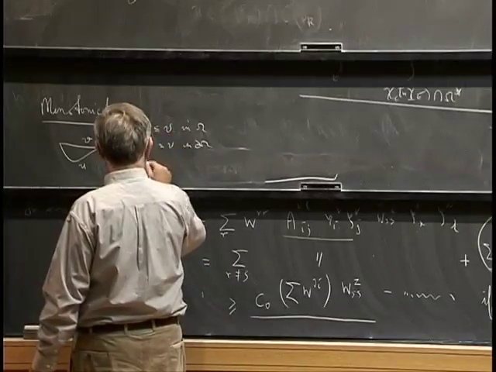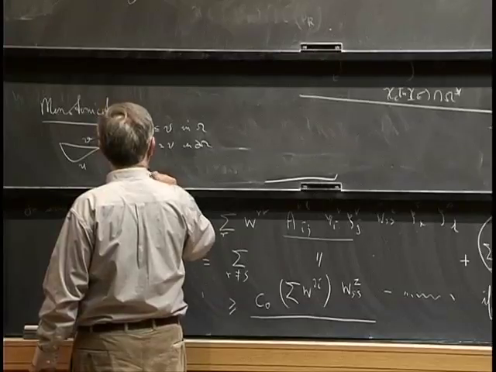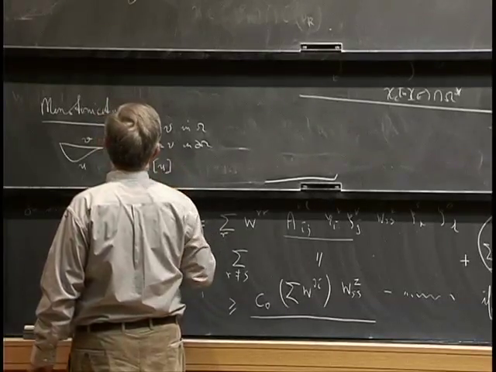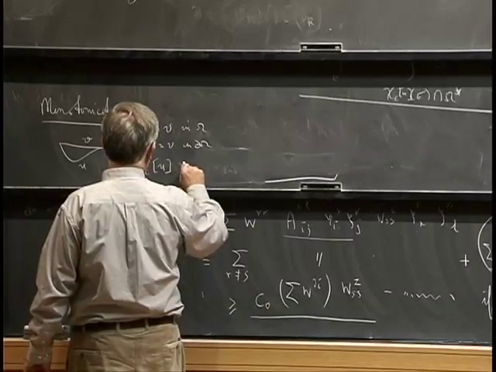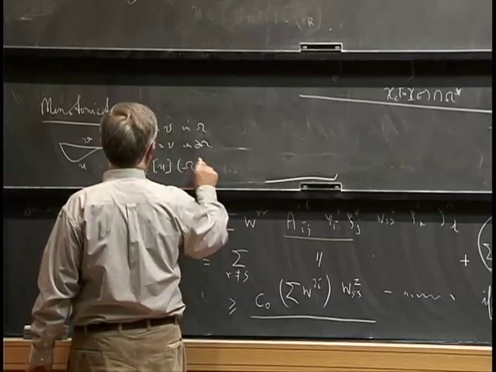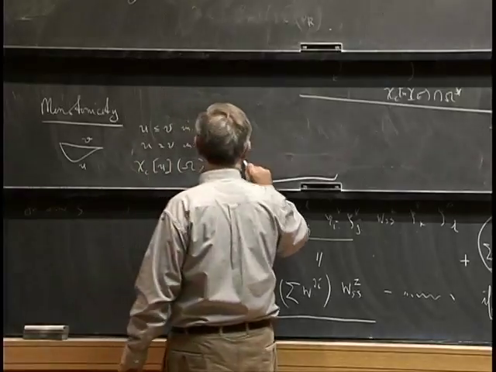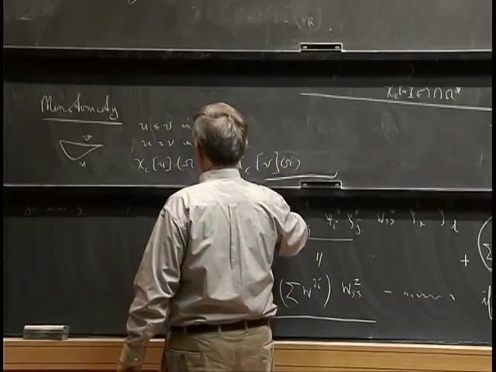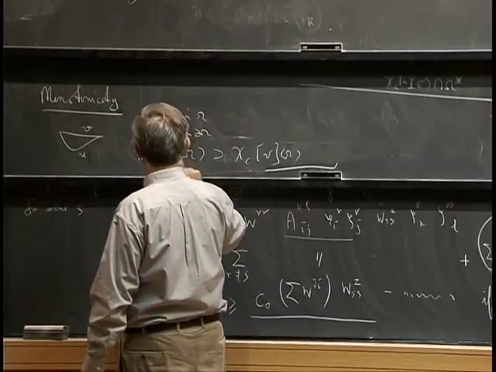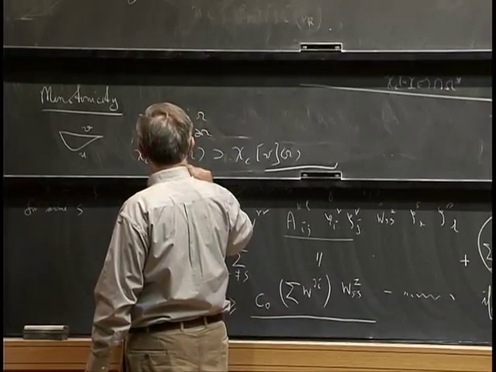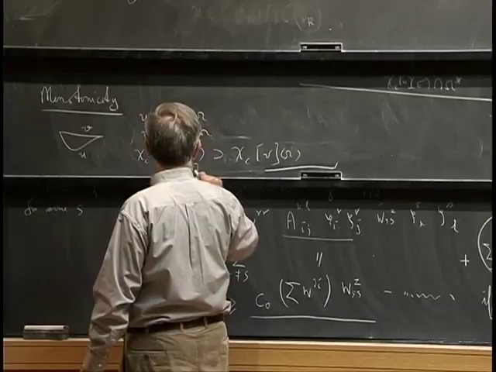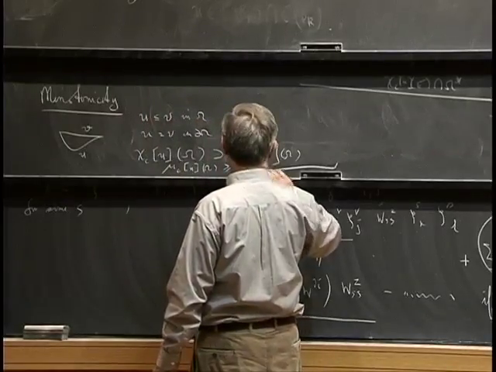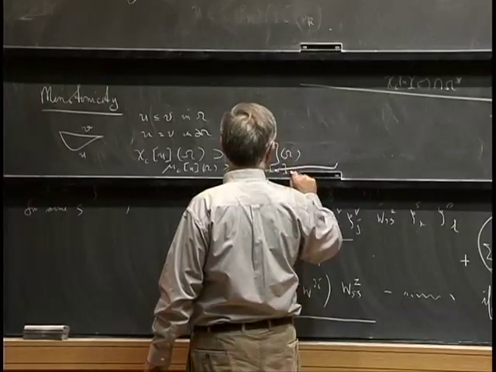Then the image of the C normal mapping of U on omega contains the image of the C normal mapping of V on omega, and so the measures satisfy an inequality. The Monge-Ampere measure of U of omega is greater than or equal to the Monge-Ampere measure associated with V of omega.